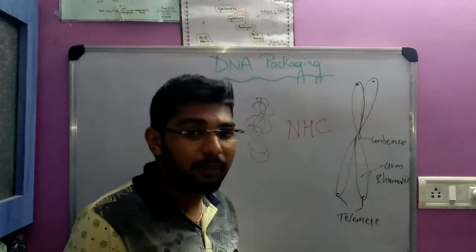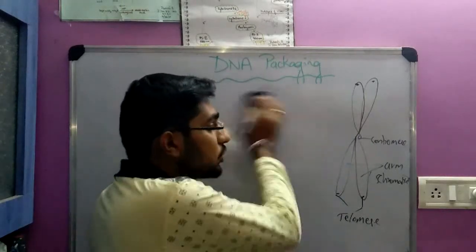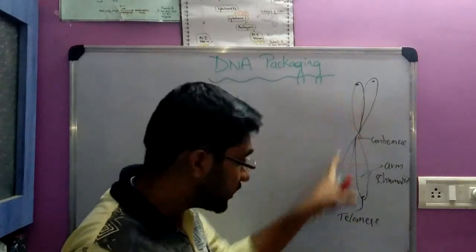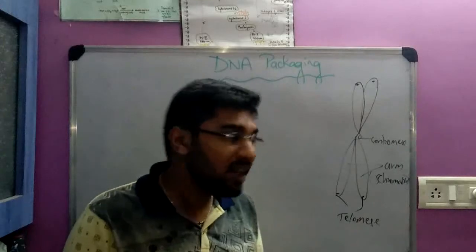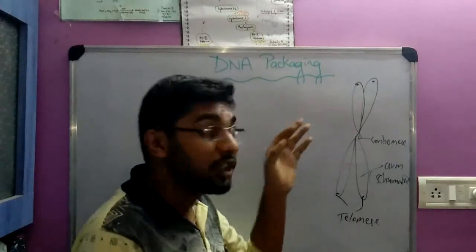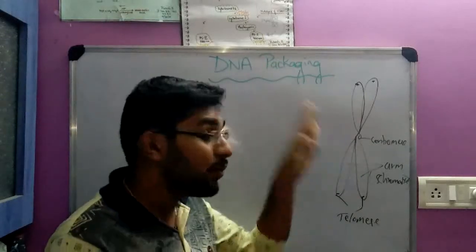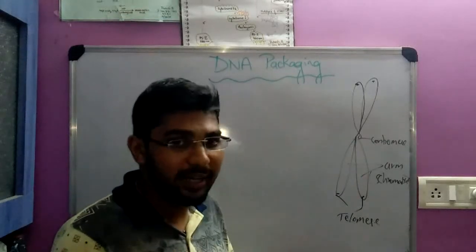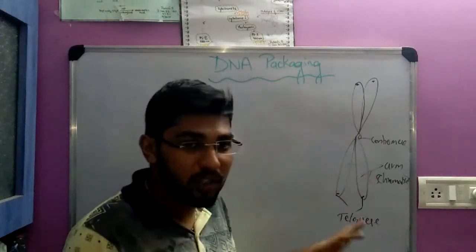Now, one more important thing about this chromosome: there are two regions you can distinguish. You have a special stain to stain the chromosome, such as acetocarmine, that will stain only the chromosome. It won't stain other organelles like chloroplasts, ribosomes, or mitochondria.